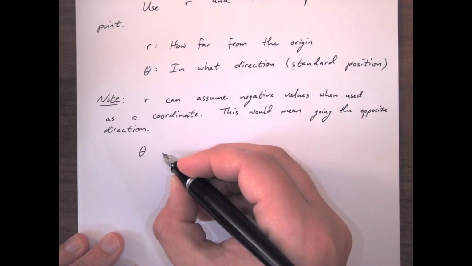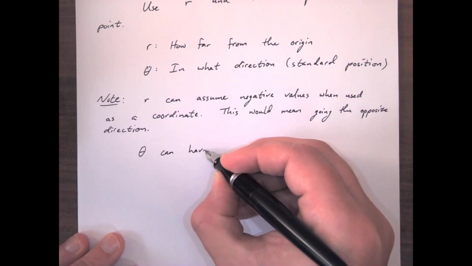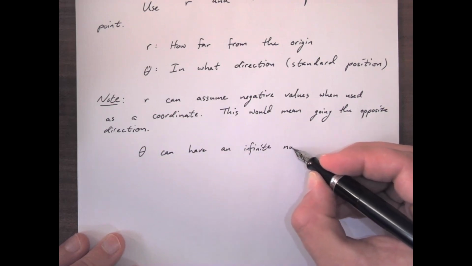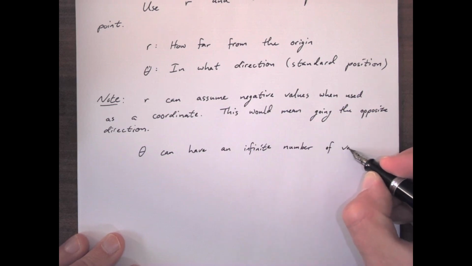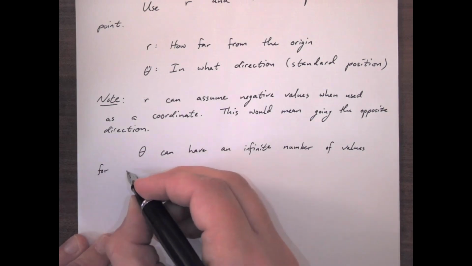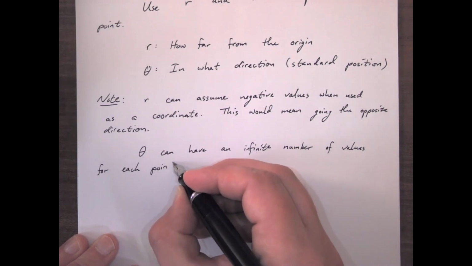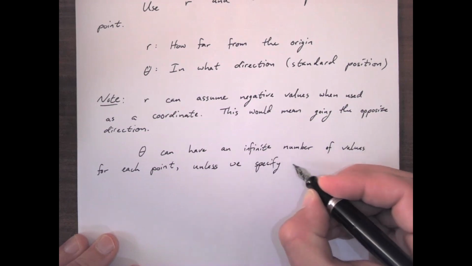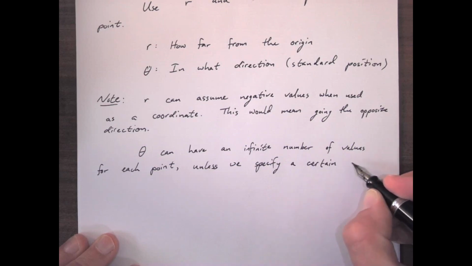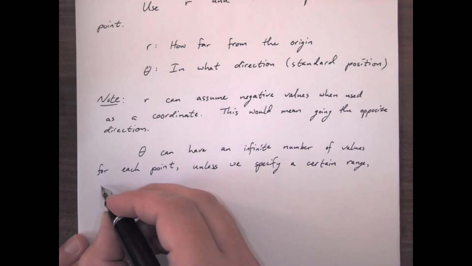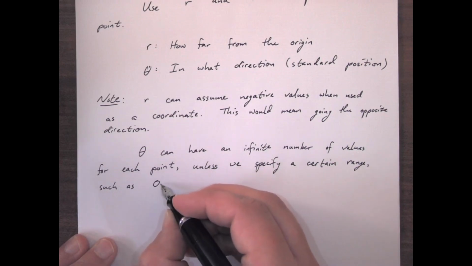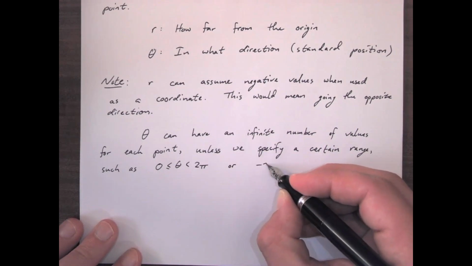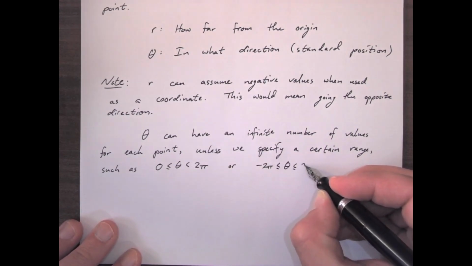And as for theta, theta can have an infinite number of values for each point unless we specify a certain range, such as 0 less than or equal to theta less than 2 pi, or something like negative 2 pi less than or equal to theta less than or equal to 2 pi.